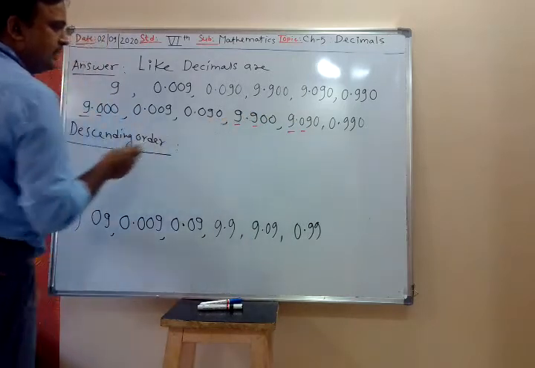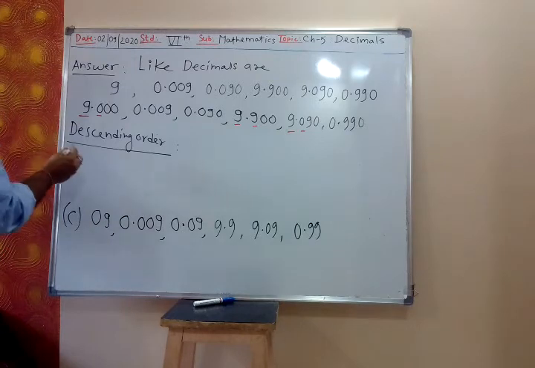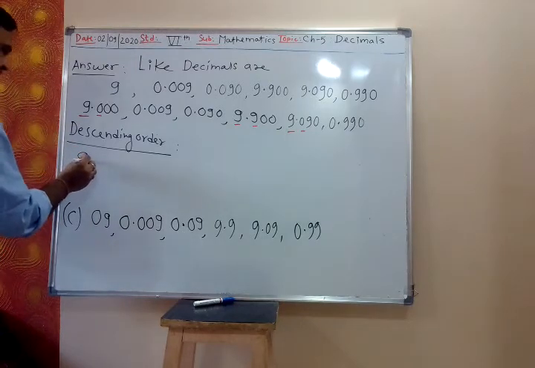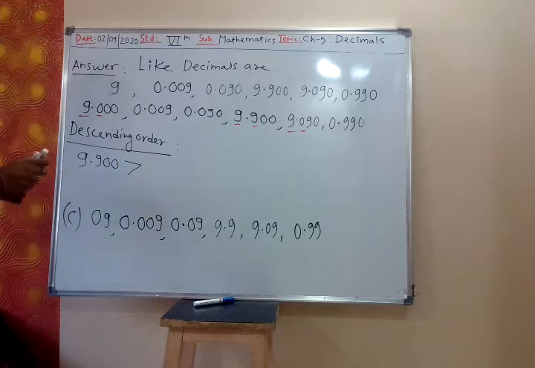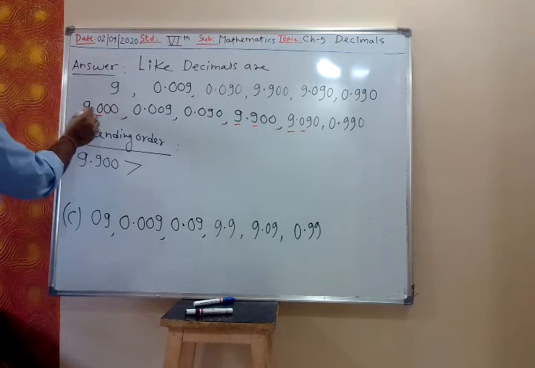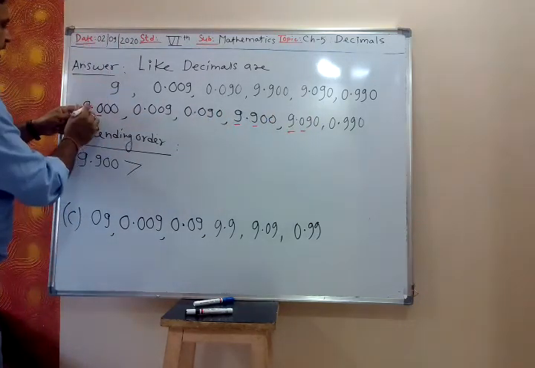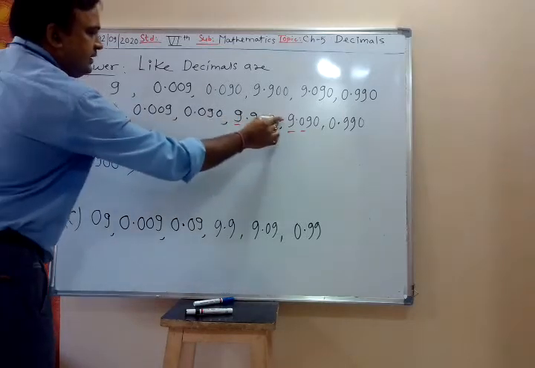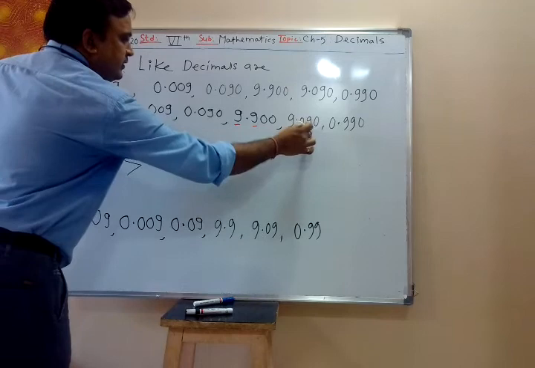So this 9 is bigger. 9.900 is greater. Then after 9.900 it is 9.000 and 9.090. After decimal it is 0, 0, then 0 and 9. So this is bigger.